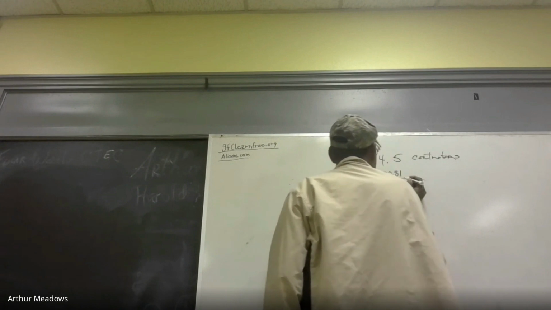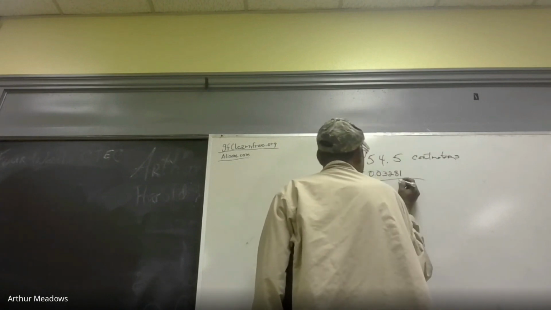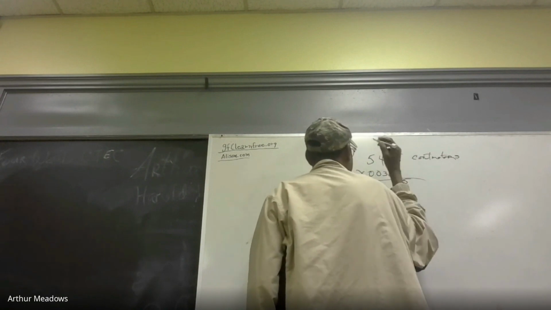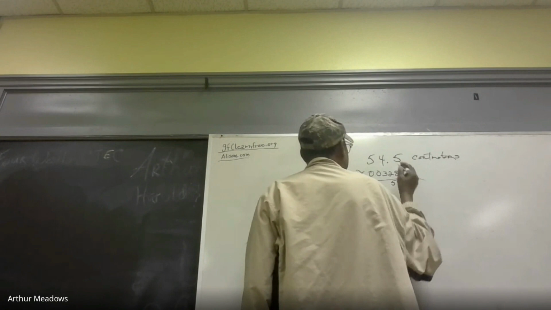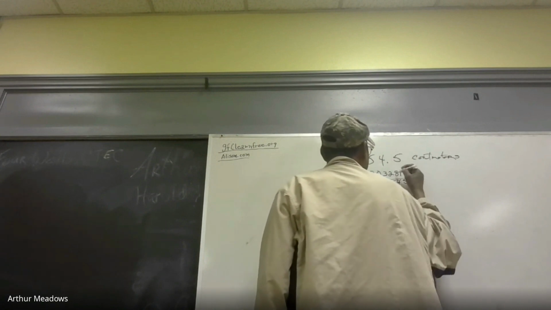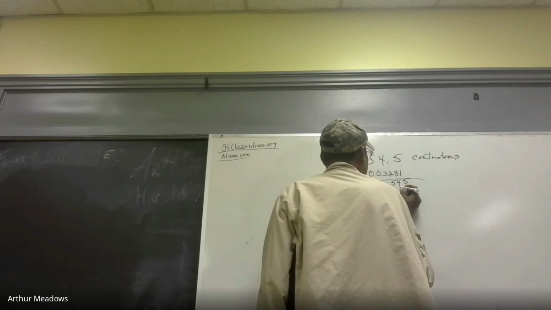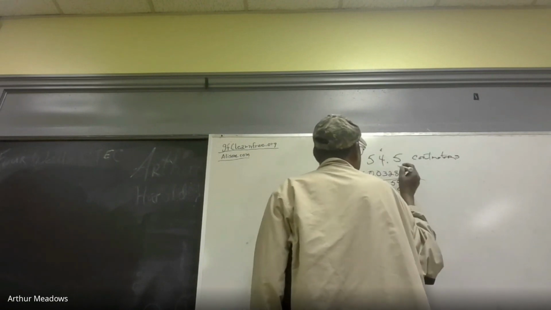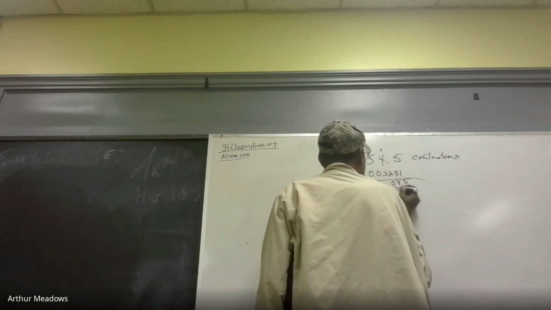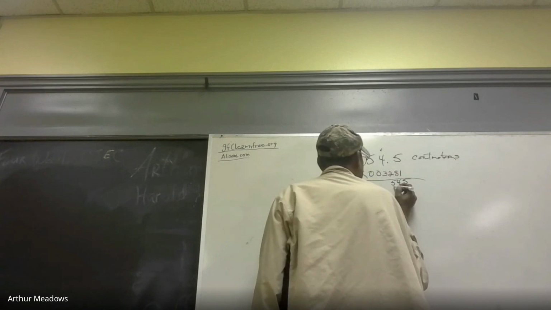1 times 5 is what? 1 times 4 is what? 4. 1 times 5 is what? 5. Okay, now we go with the 8. 8 times 5 is what? And you got 4 over there. 8 times 4 is 32, plus the 4, 36.